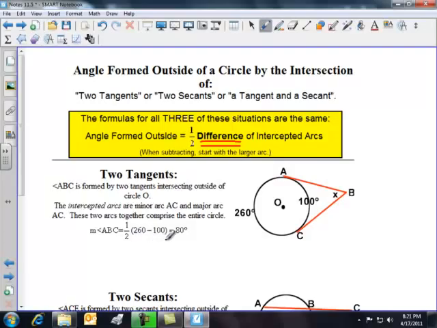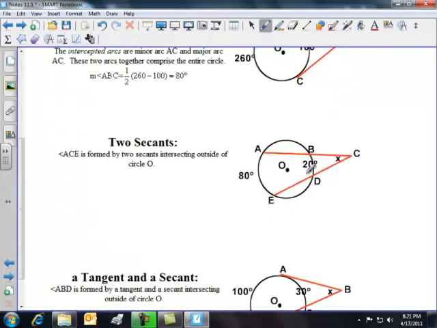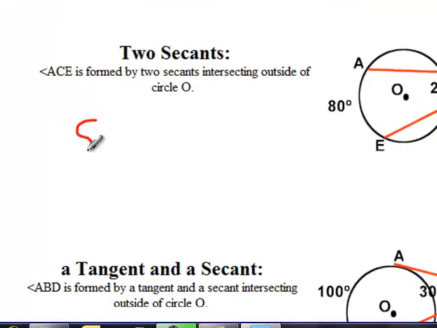So 260 minus 100 is 160 degrees. Take half of that, and that would equal 80 degrees. Likewise, here, if you have to find the measure of this angle where X is, angle C, you would take 80 minus 20, and then once you find that difference, you're going to take half of that difference.